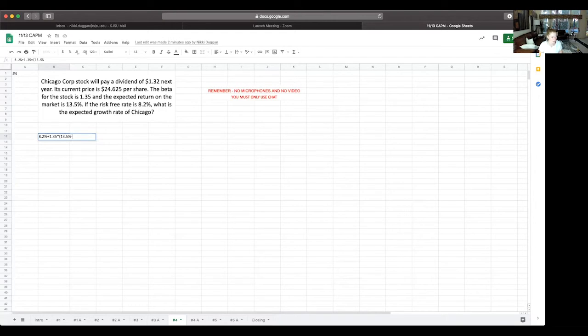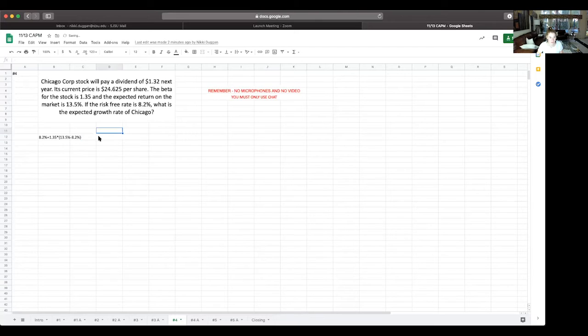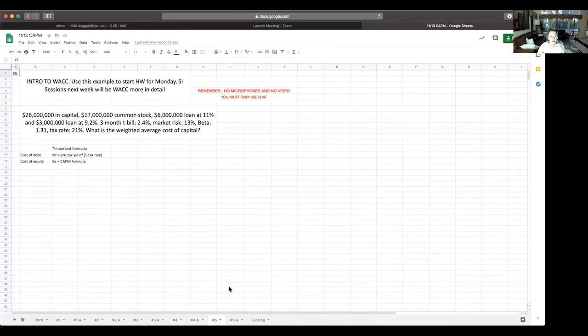And then you subtract out your risk-free rate again. So if you're going to solve this, it would end up being 15.36%.